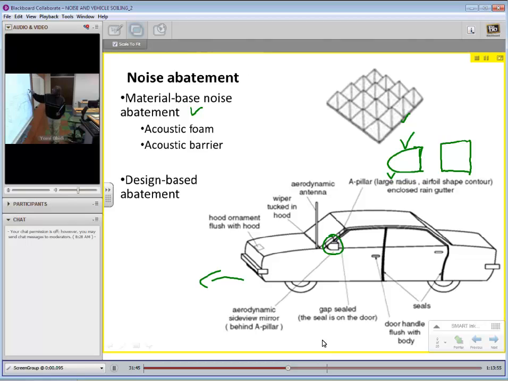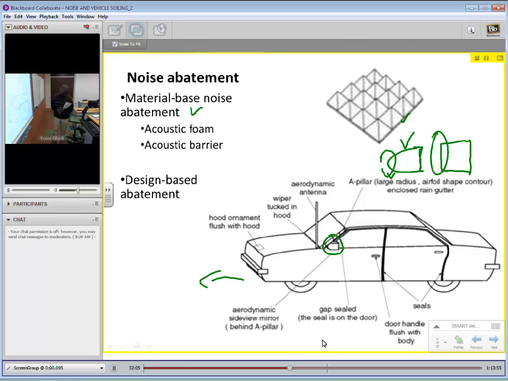This little change in design makes a big difference as to whether you hear noise or you don't hear noise in the vehicle. So this is the preferred design.